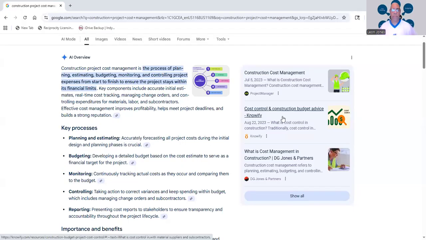Now, let's get into some information while I share the screen, and we'll talk about construction cost management here. We can call it construction project cost management. And that is the process of planning, estimating, budgeting, monitoring, and controlling project expenses from start to finish to ensure that the project stays within its financial limits.